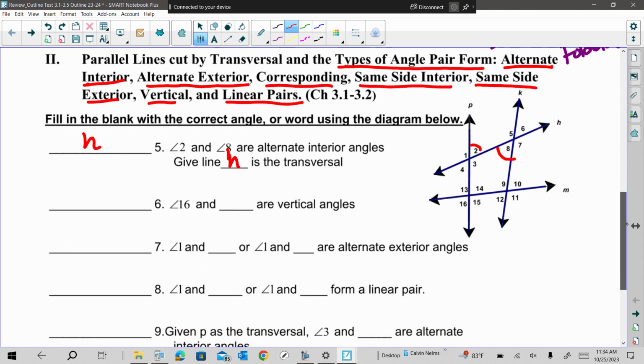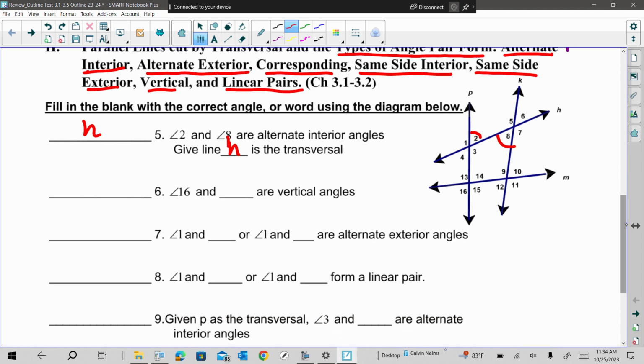Now on 7, there are 2 possible answers to pair up with angle 1. But we're trying to make angle 1 an alternate exterior. So I'm going to take off this marking and just focus on angle 1. Angle 1 is right here. It's formed with line P and line H. So what other angle could be an alternate exterior? I could do 7 using line H, right? So angle 7.